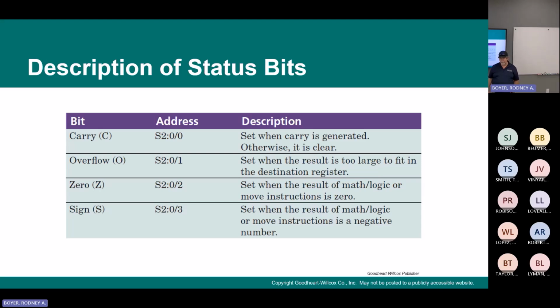Since these controllers are 16-bit, and bit number 15 is used for whether it's positive or negative, you can fit a maximum of 32,767 in the register. Anything bigger than that, you'll throw an overflow. Zero, of course, is set whenever the result is zero. And then the sign tells you whether it's a negative number or not. So it has bit number 15 in your register.